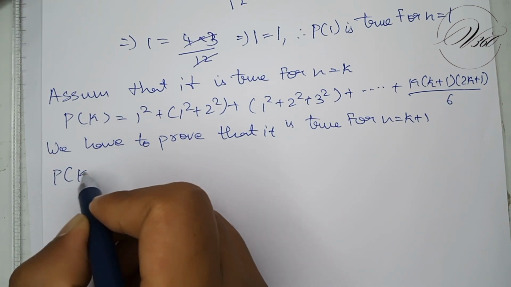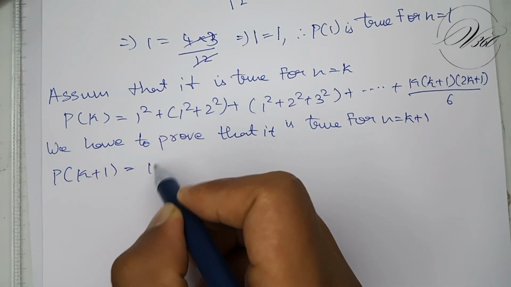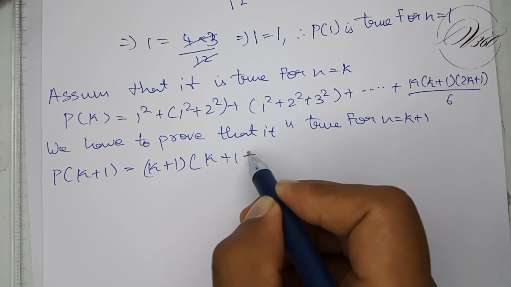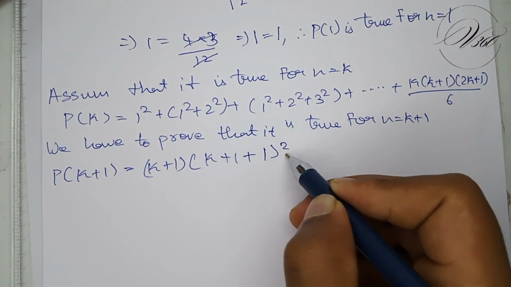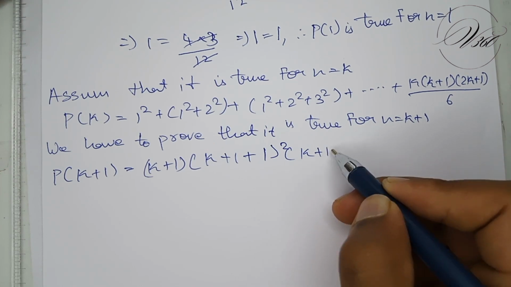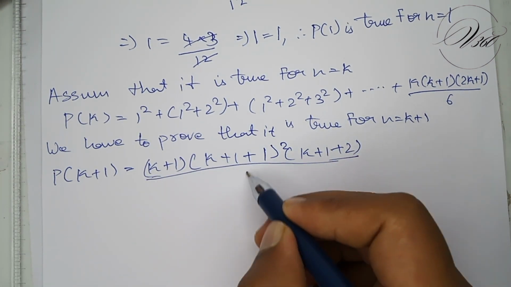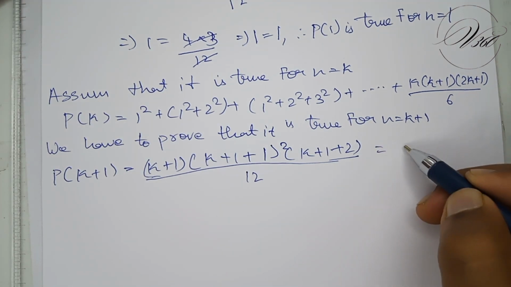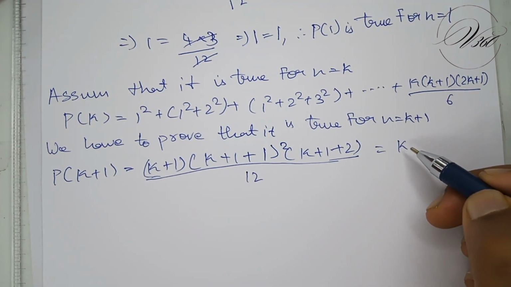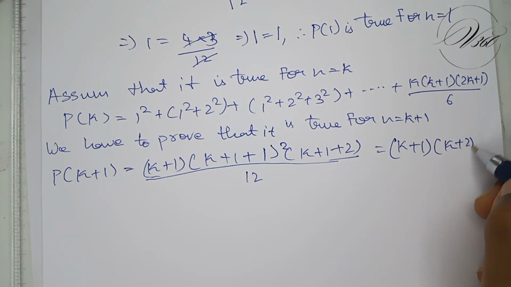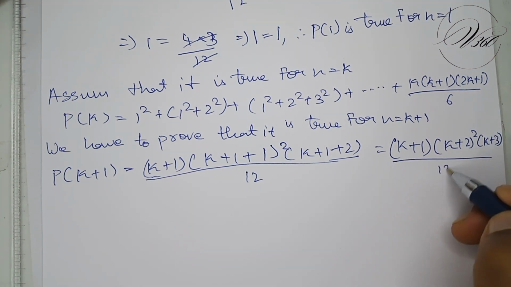Now P of k plus 1 equals k plus 1 of k plus 1 plus 1 whole square of k plus 1 plus 2 by 12, then we'll get here k plus 1 of k plus 2 whole square of k plus 3 by 12.